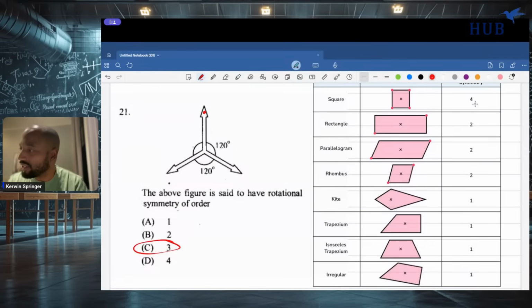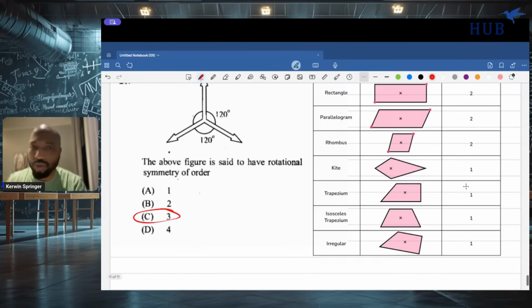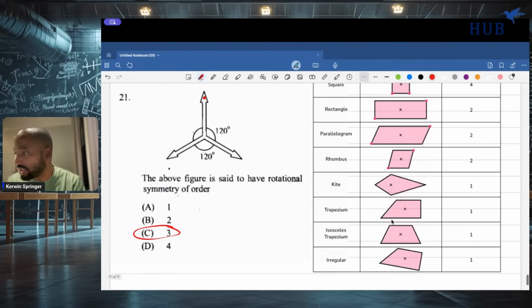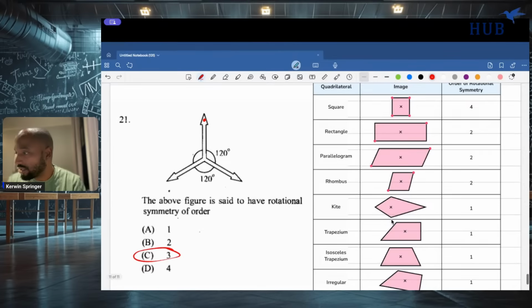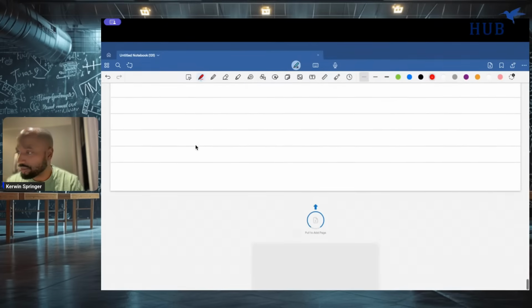So yeah, in the order of symmetry, if you have none, you put 1. I understand if there's only one way it could set up itself, 1, like an irregular shape. Yeah, 1. So this has 3. Pretty clear, pretty solid on it now. So this has 3. You all understand what I'm talking about here?